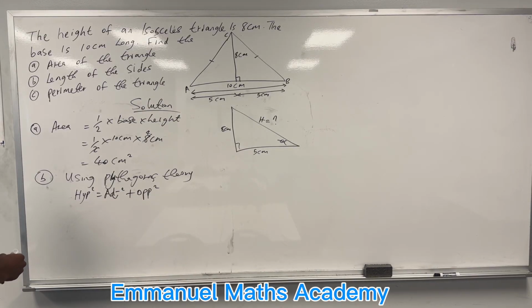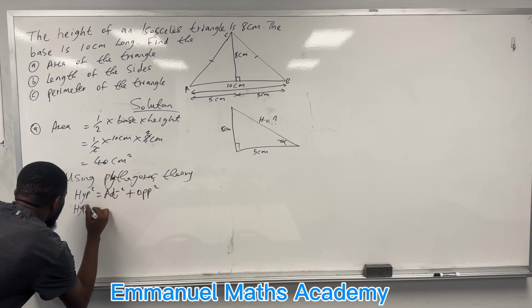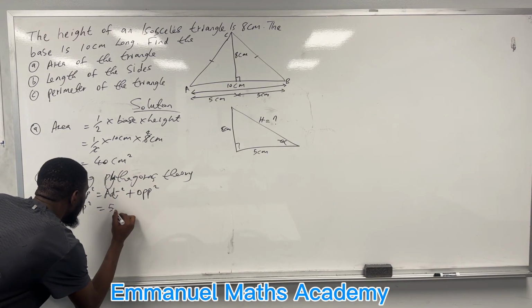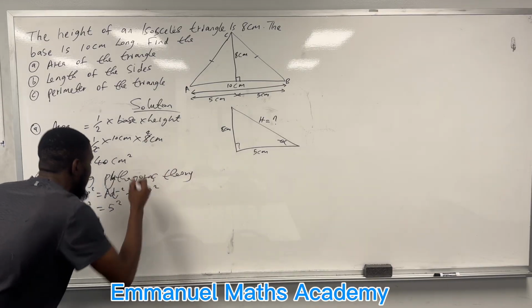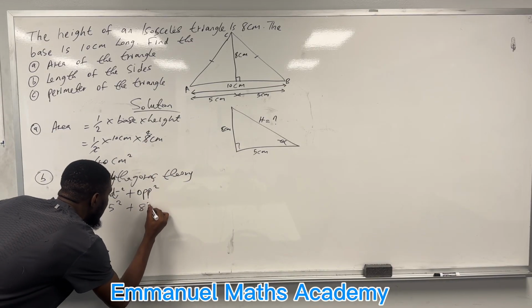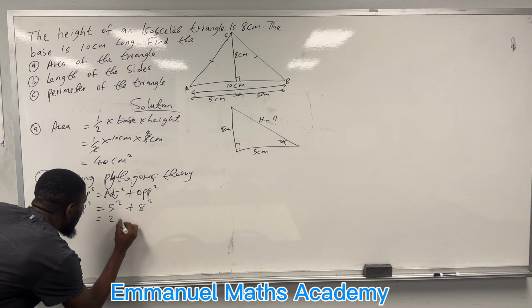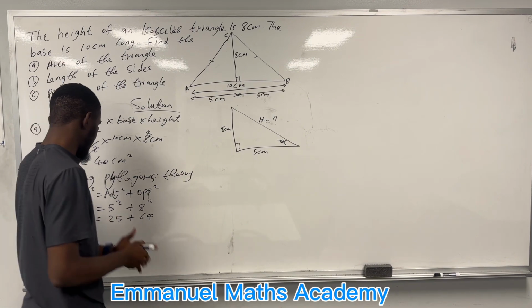So what is hypotenuse? Hypotenuse is unknown. So we are looking for this hypotenuse. What is adjacent? Adjacent is this 5 cm, 5 cm square. Opposite is 8 cm square. Right? So this will give you 25 and this will give you 64. 8 times 8 will give you 64.